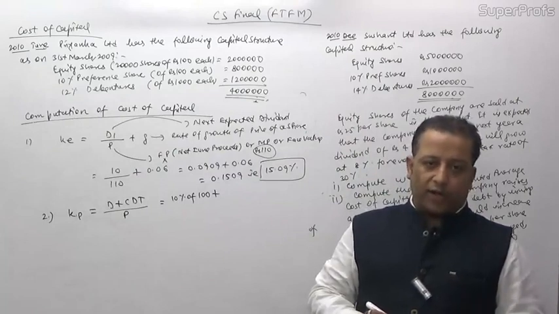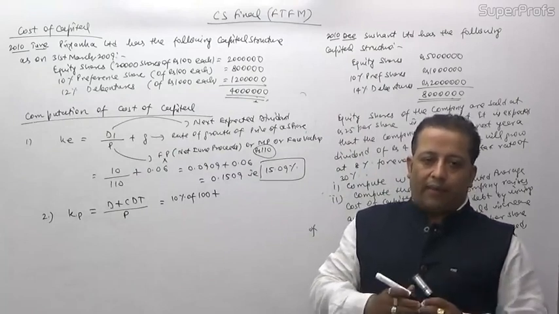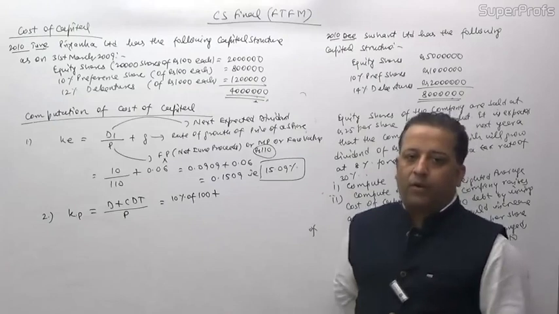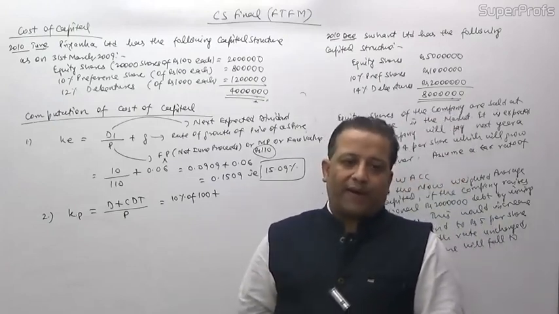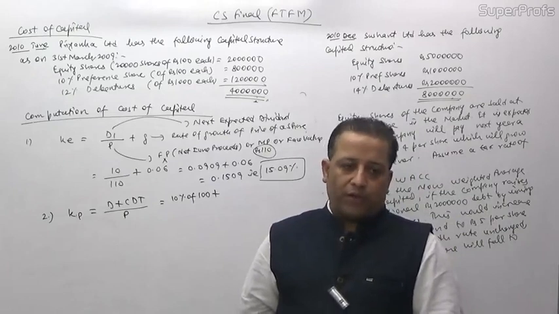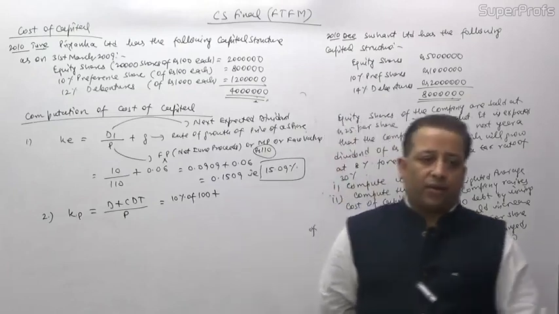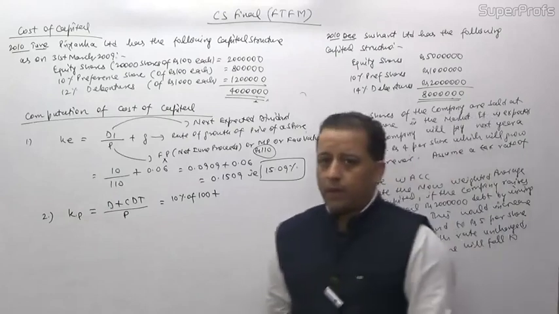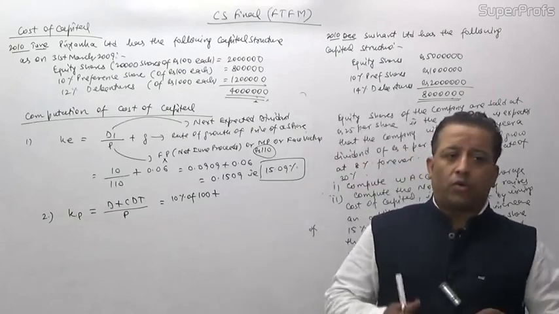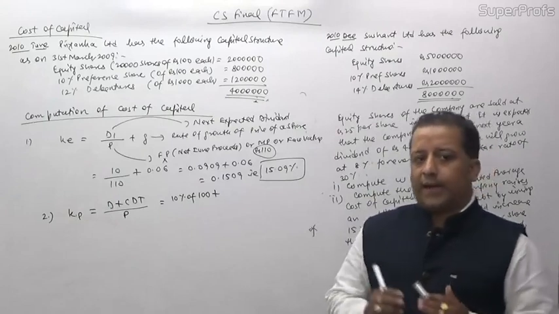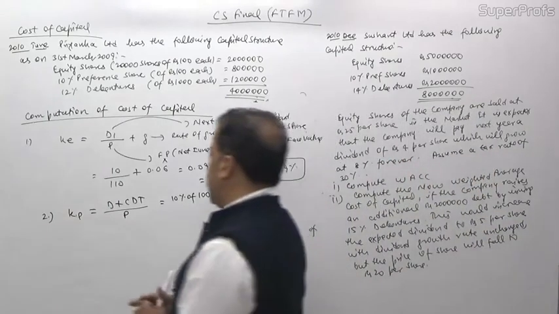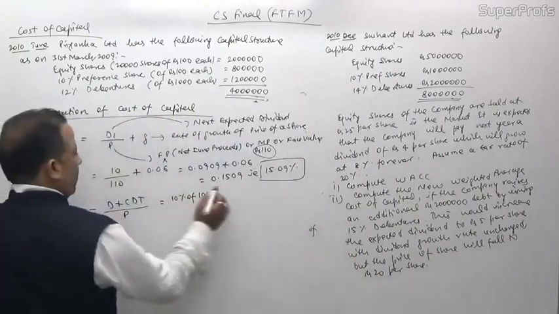The CDT is not given in the question. The company is liable to pay a certain amount of tax on the dividend, which is known as the corporate dividend tax. No information regarding CDT is provided in the question, so the corporate dividend tax can be taken as nil.